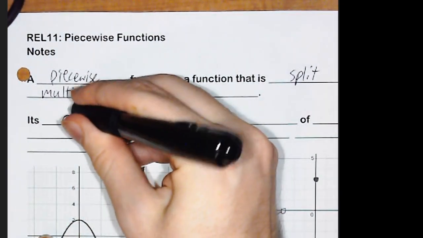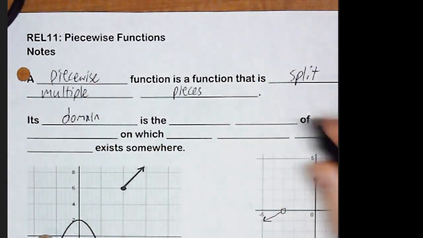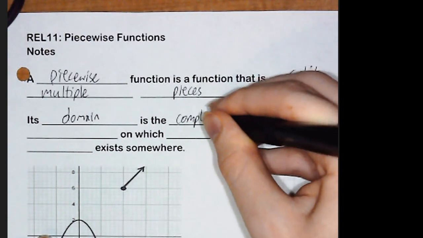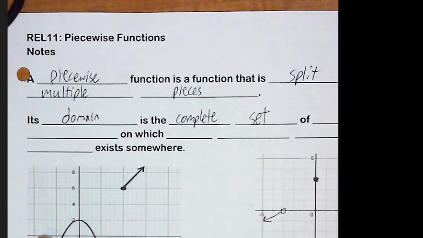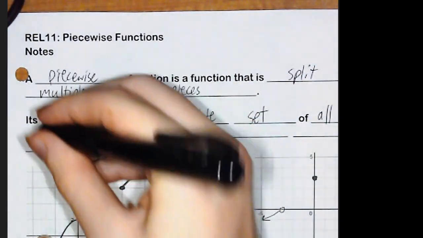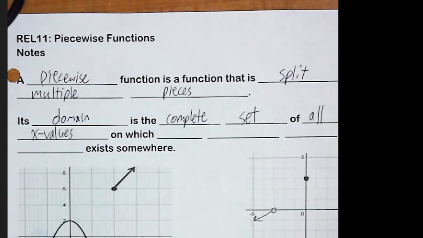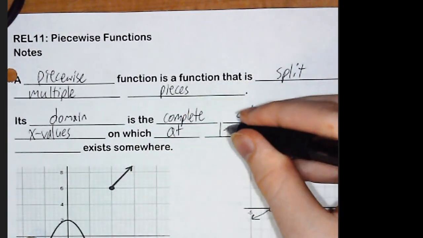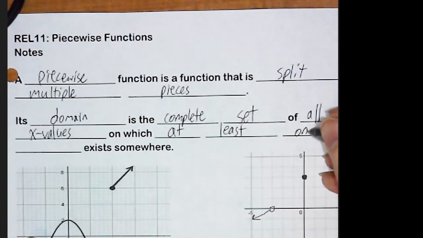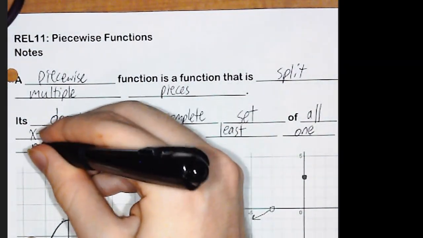So its domain is the complete set of all x values on which at least one piece exists.